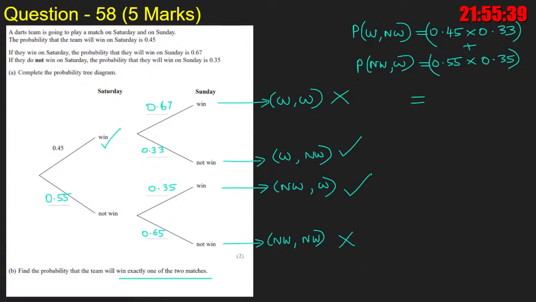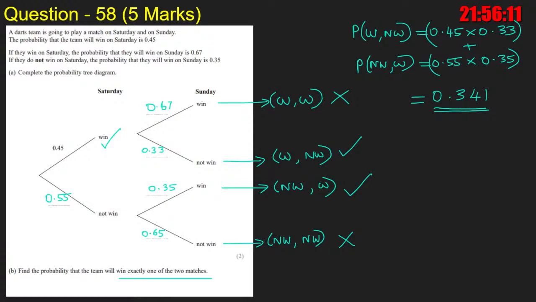So 0.45 times 0.33 plus 0.55 times 0.35 is 0.341. So 0.341 is the correct answer for question number 58, right?